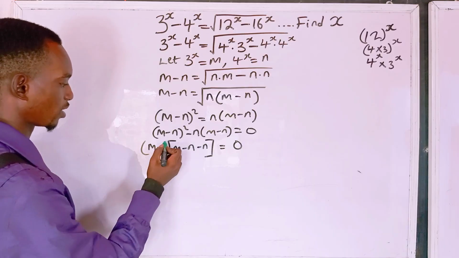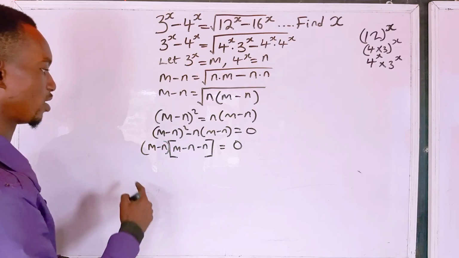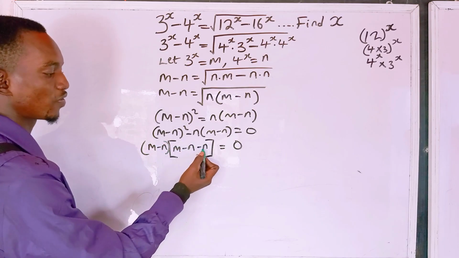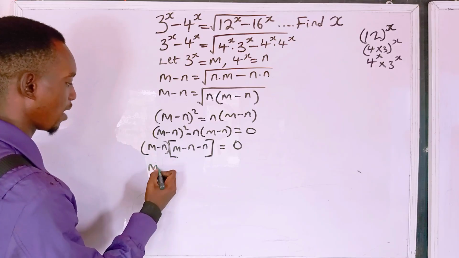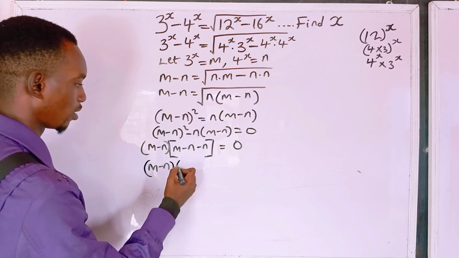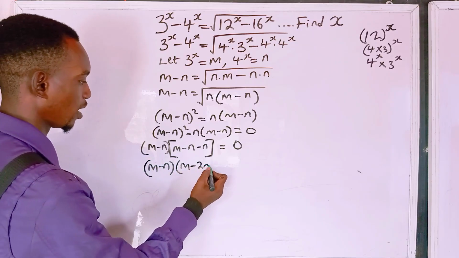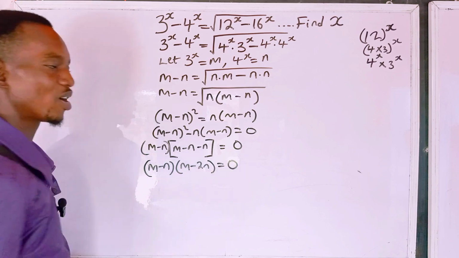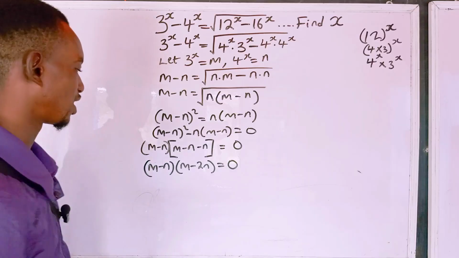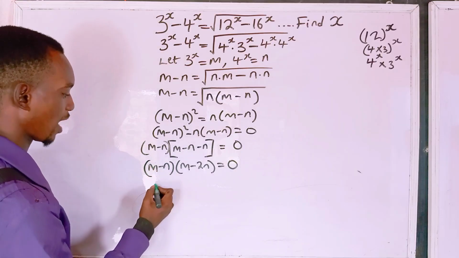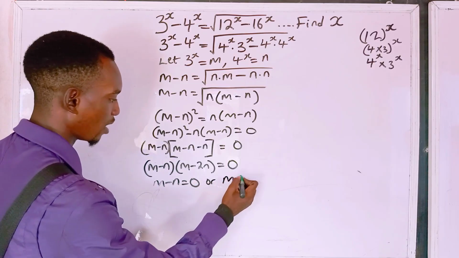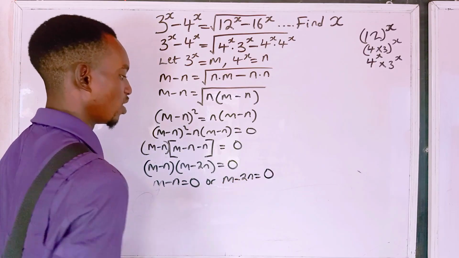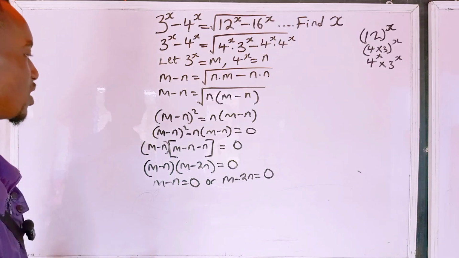Now don't forget the bracket. So the next thing to do now is negative n minus n gives us minus 2n. So here we have m minus n times m minus 2n equals 0. Now don't forget from our idea of quadratic equation that m minus n must be equal to 0 or m minus 2n must be equal to 0. Yes, now we have simplified it.